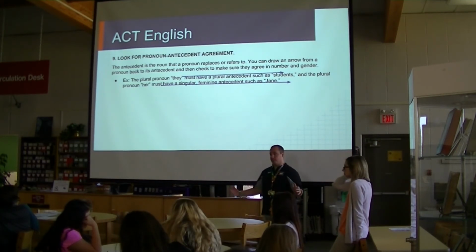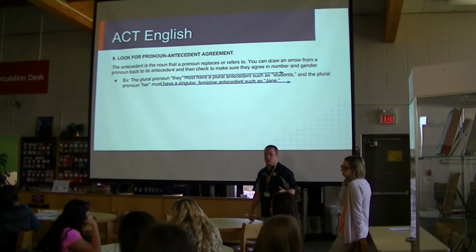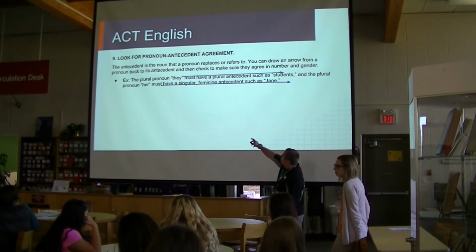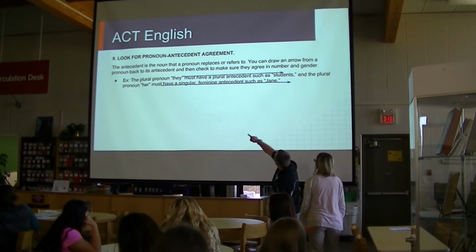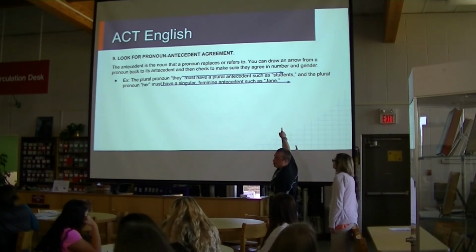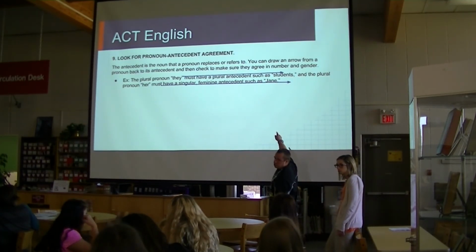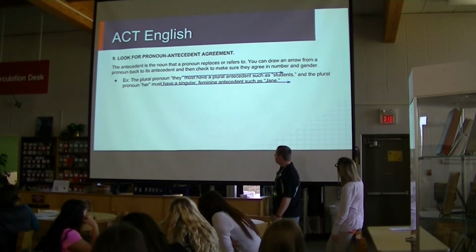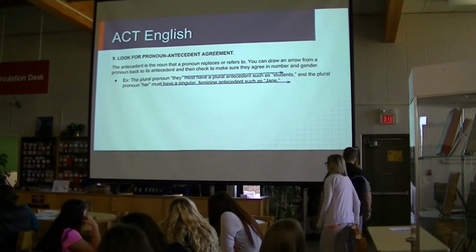Okay, you can write all over that test booklet. You can draw pictures if you wanted to. The ACT score people are not going to look at that. So from they over here, I've drawn an arrow to the students. You can do that. That might help things make sense to you in a way that is maybe more efficient, quicker for you to deal with.